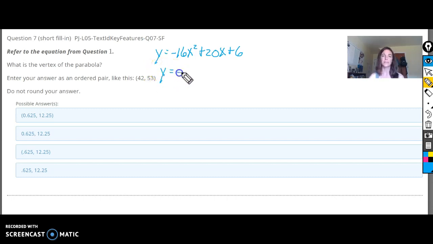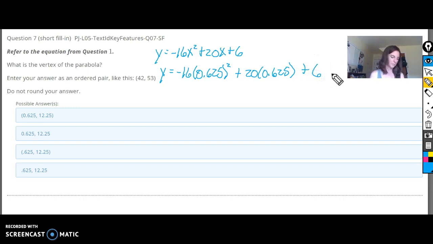So y equals negative 16 times 0.625 squared plus 20 times 0.625 plus 6. So 0.625 squared is 0.3906 times a negative 16. Okay, gives me a negative 6.25. Okay, 20 times 0.625 is 12.5.